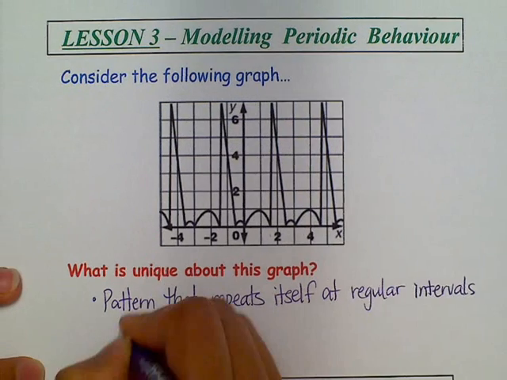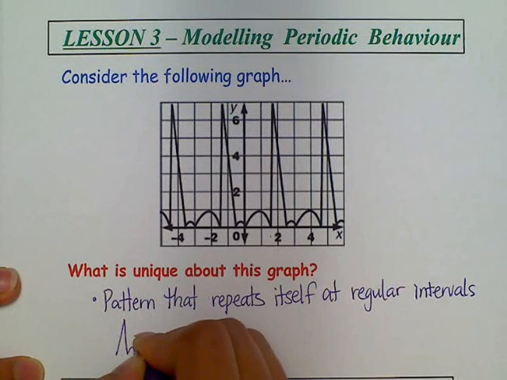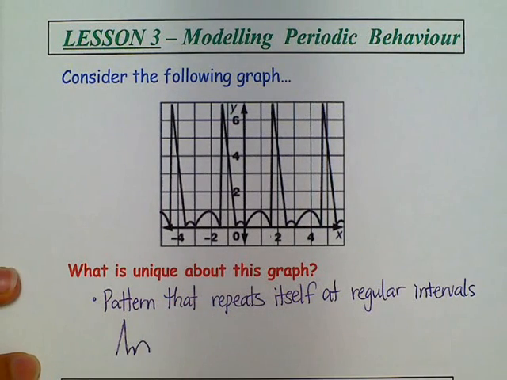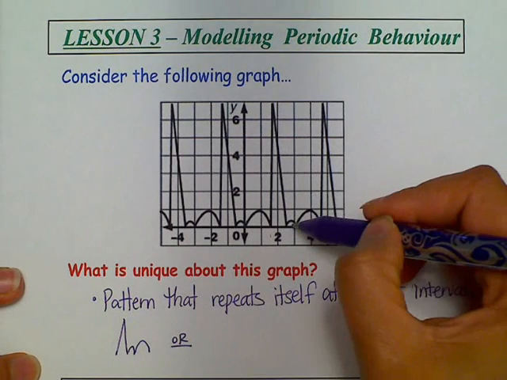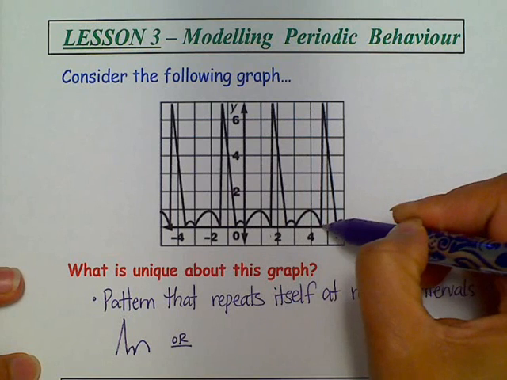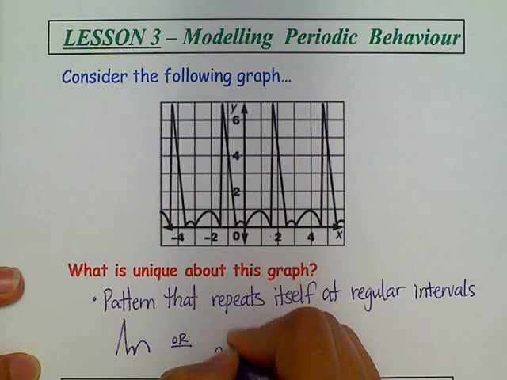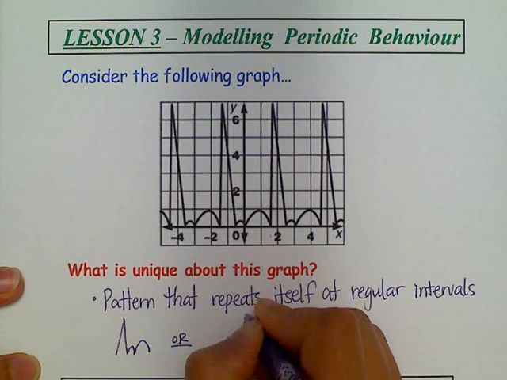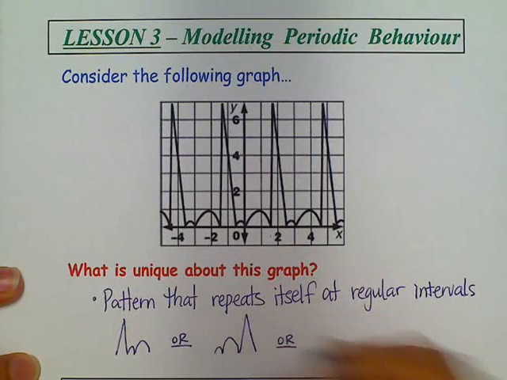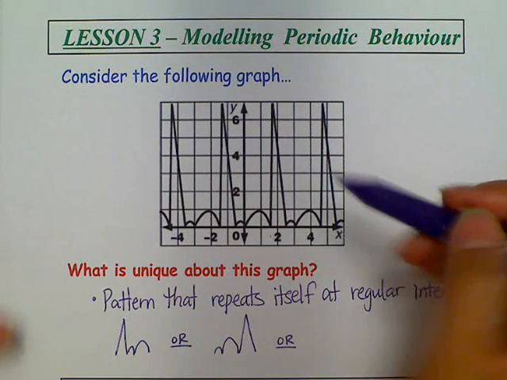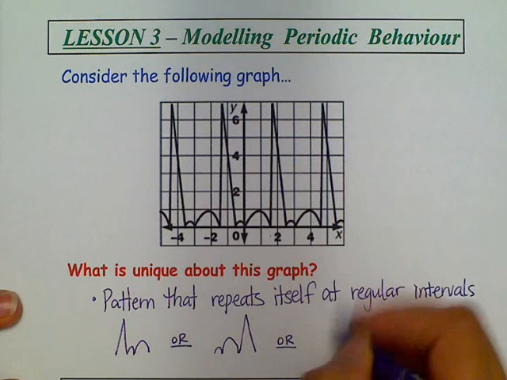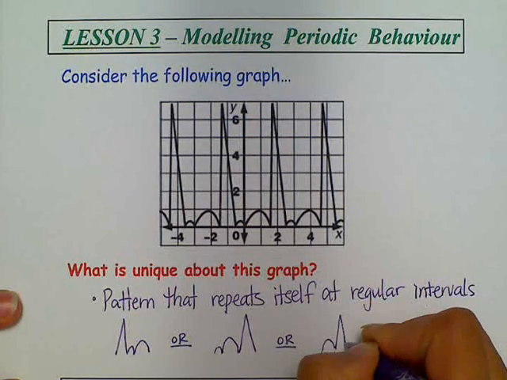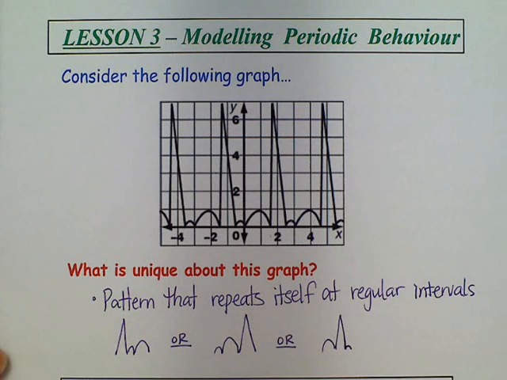Or you may have seen the pattern differently, as a small bump, a big bump, and then a spike. Or maybe you saw the pattern that's repeating itself as a big bump, a spike, and then a small bump. So depending on how you saw the pattern, one of those three patterns is repeating itself at regular intervals.